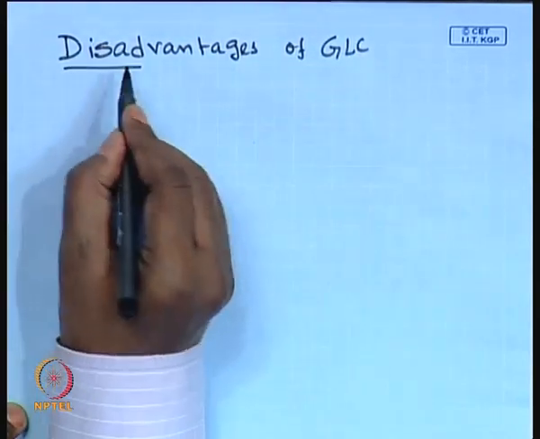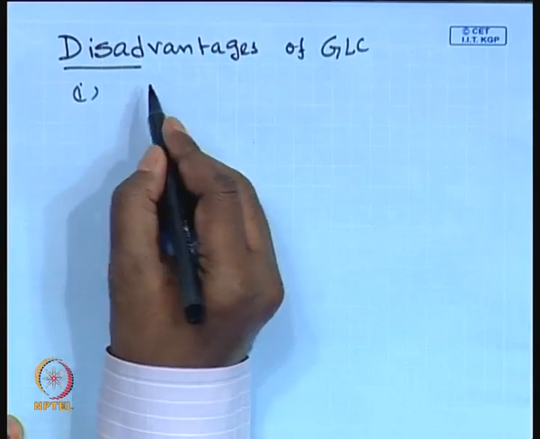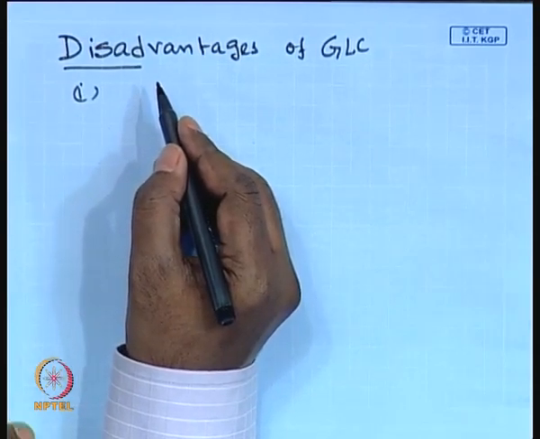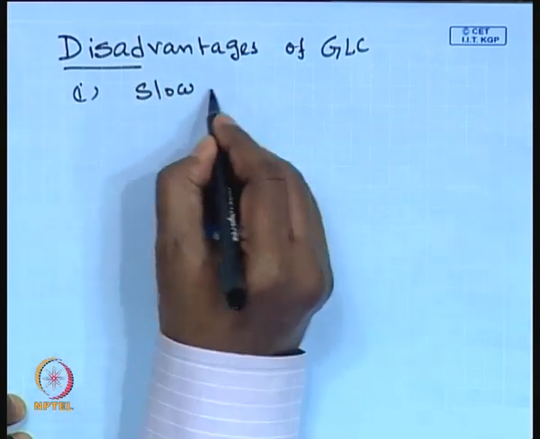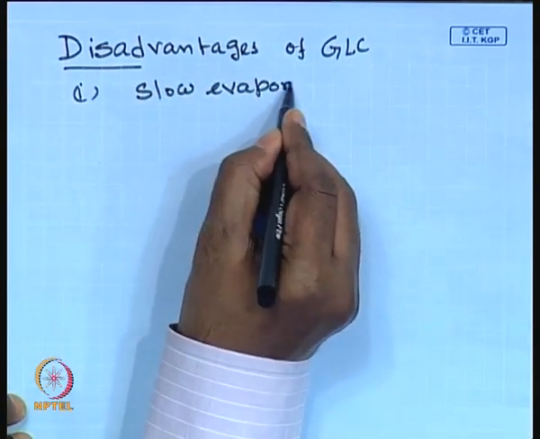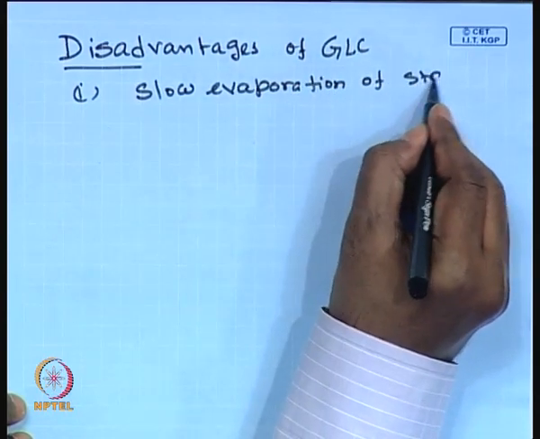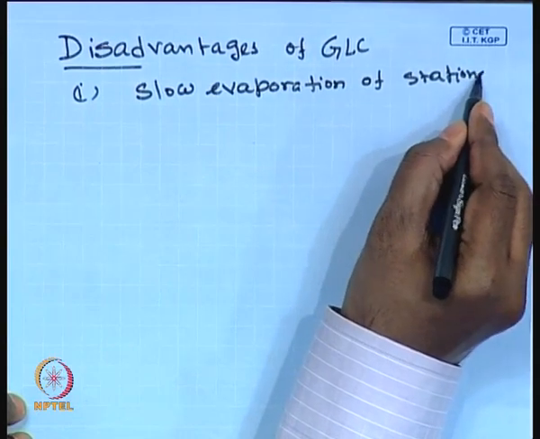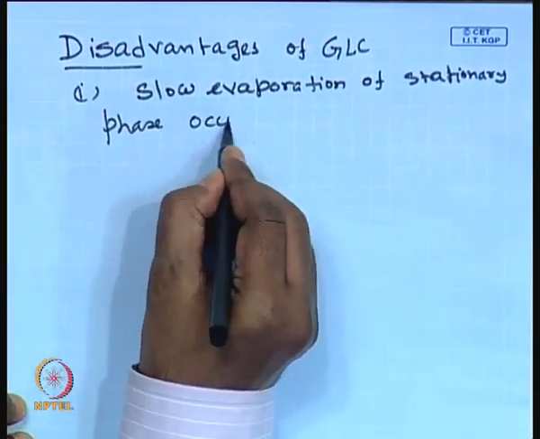Disadvantages of gas liquid chromatography. Number 1 is the stationary phase, although it has a high boiling point, it slowly evaporates. Okay. Slow evaporation of stationary phase occurs.